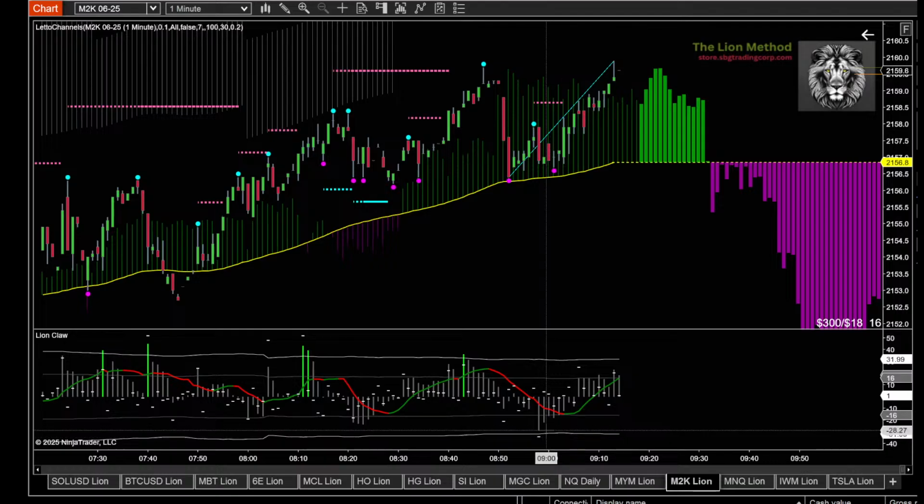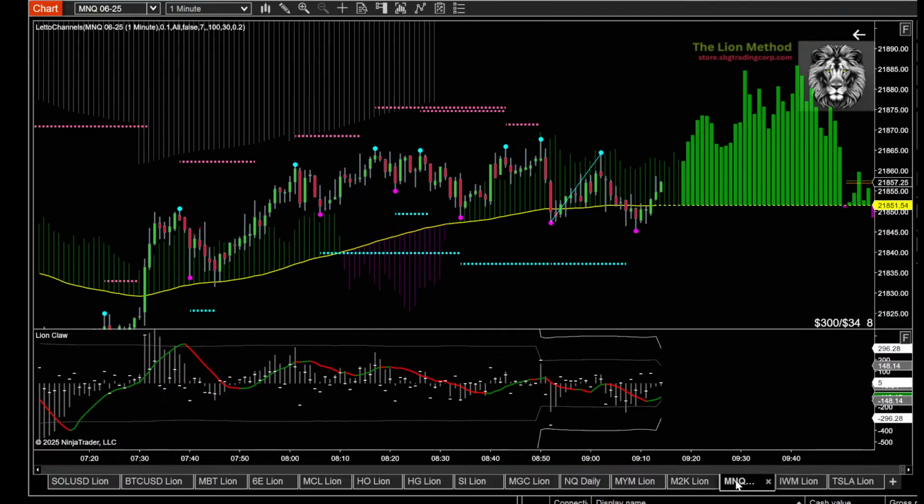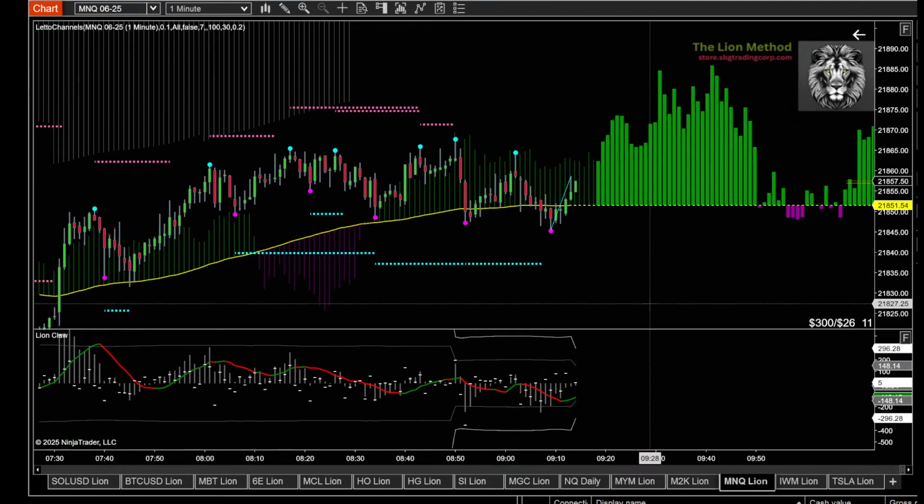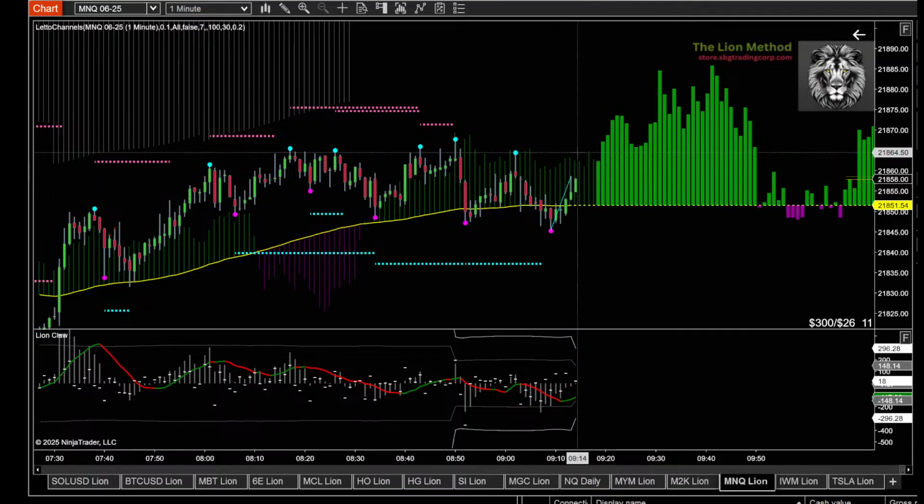Very strong downward net delta against its average, and then a quick reaction upward. This could be a trend trade here if we buy on a breakout of that level.